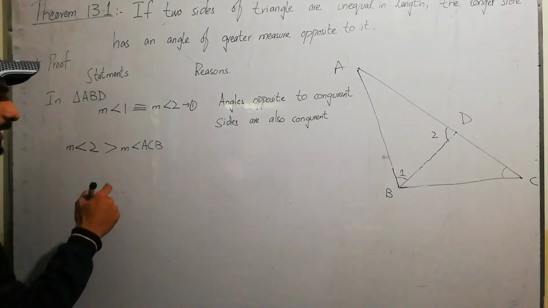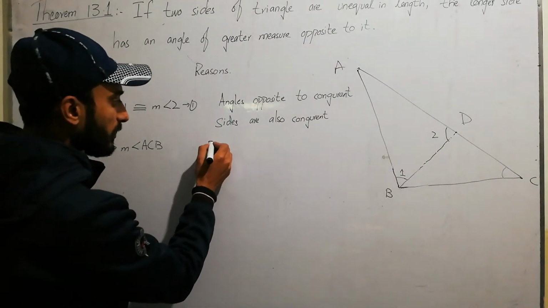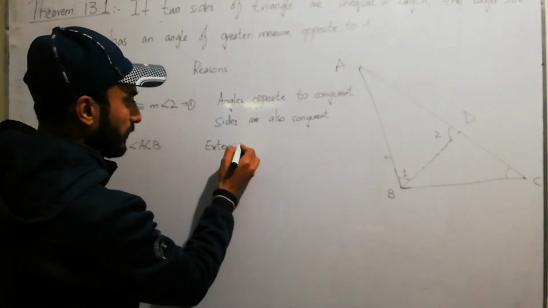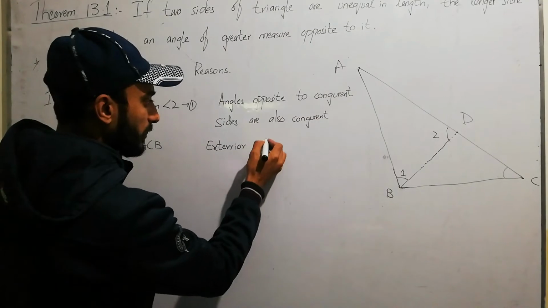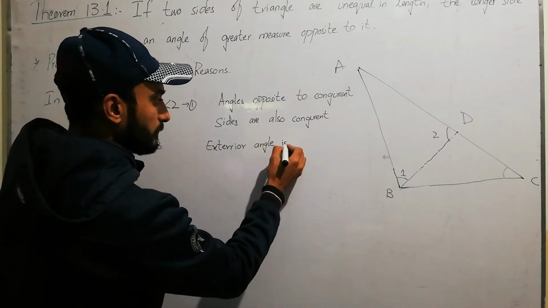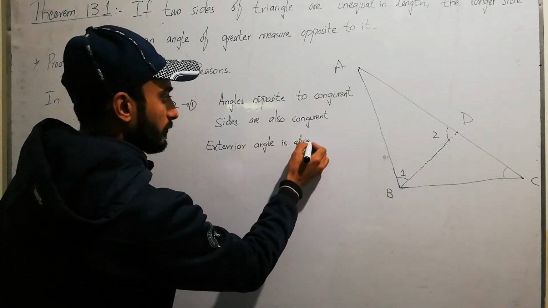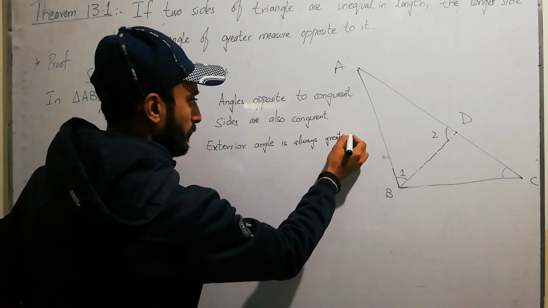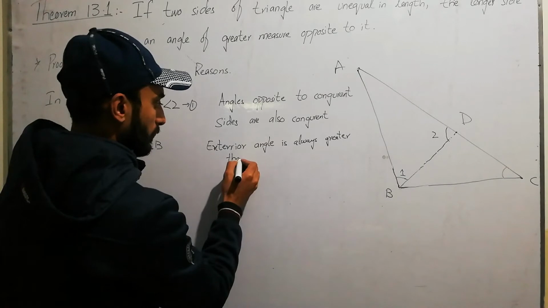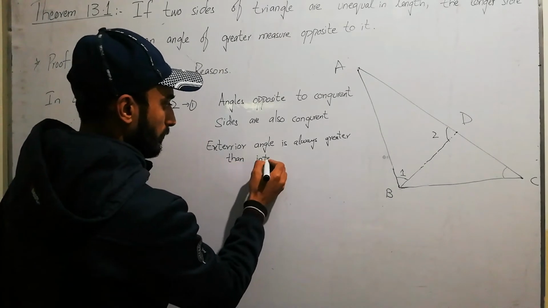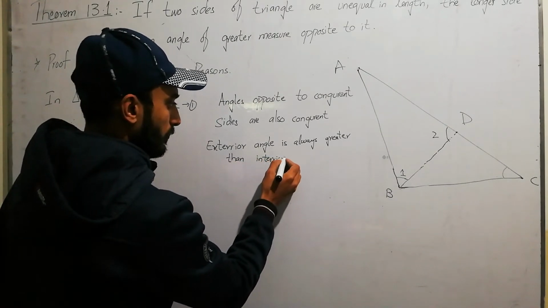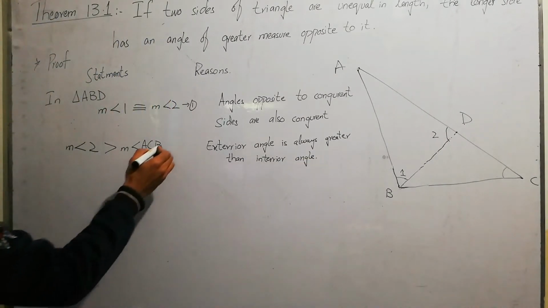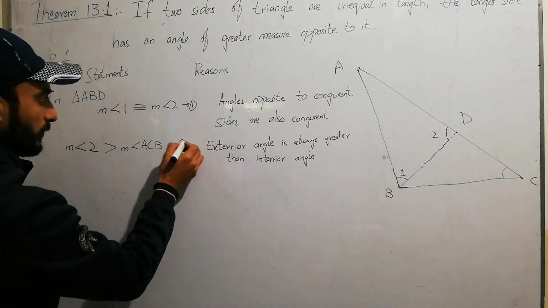So an exterior angle is always greater than the interior angle. Call this equation number 2.